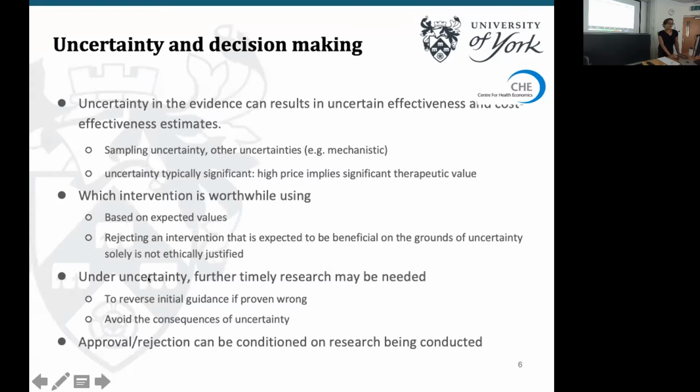The key issue here is that under uncertainty, health systems may want to determine that further research needs to be conducted, in order to reduce that uncertainty and reverse initial guidance if that is proven wrong. So that can avoid the consequences of a wrong decision. So that means that approval and rejection in the context of health system decisions can be conditioned on research.